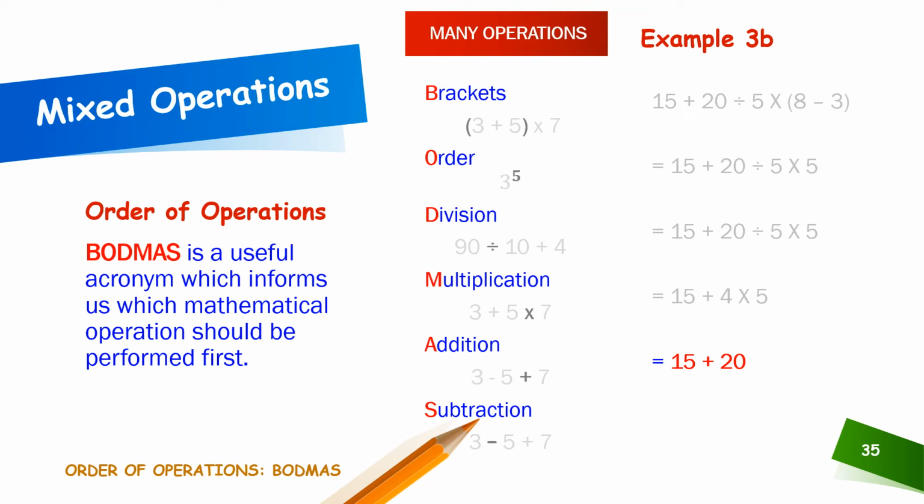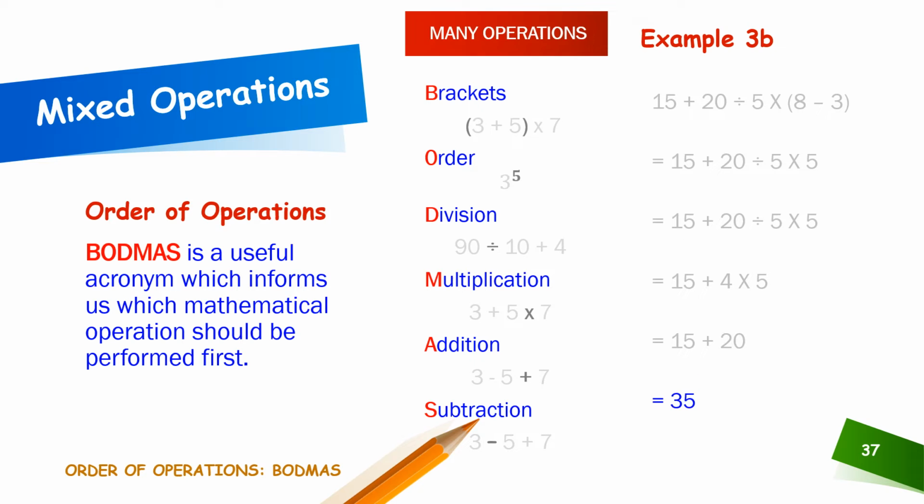The addition is highlighted as shown, and this equals 35. Since we now have a numerical answer and no more operations, clearly there is no point in considering the last remaining operation, subtraction. So there is nothing to consider now at all. So our final answer is 35.